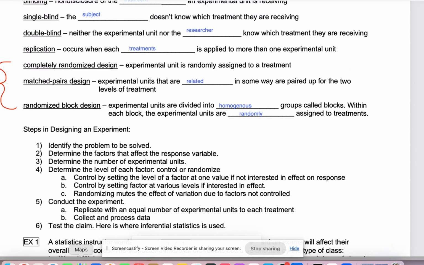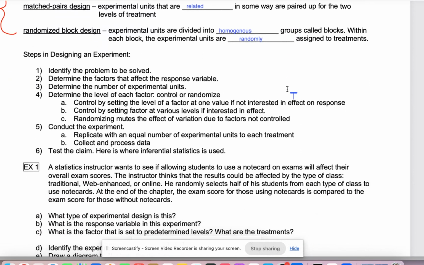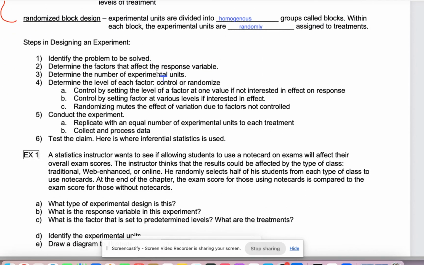Then within each block, I do the randomization. So the randomization isn't the first step. Dividing them into blocks is the first step, and then we use the randomization to assign the same number of experimental units from each block to each treatment.